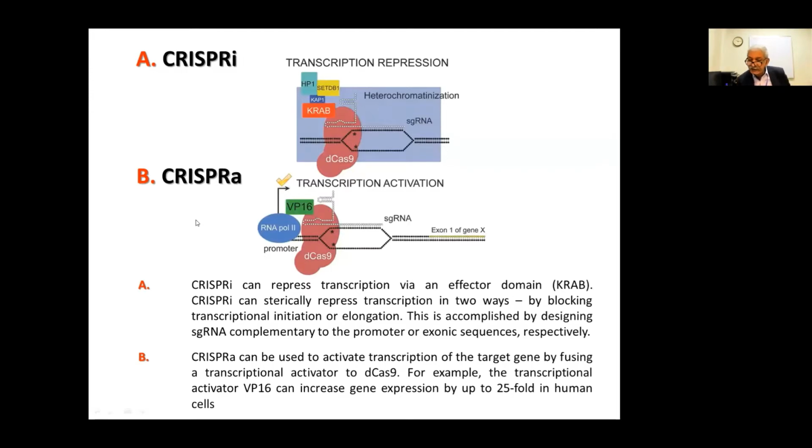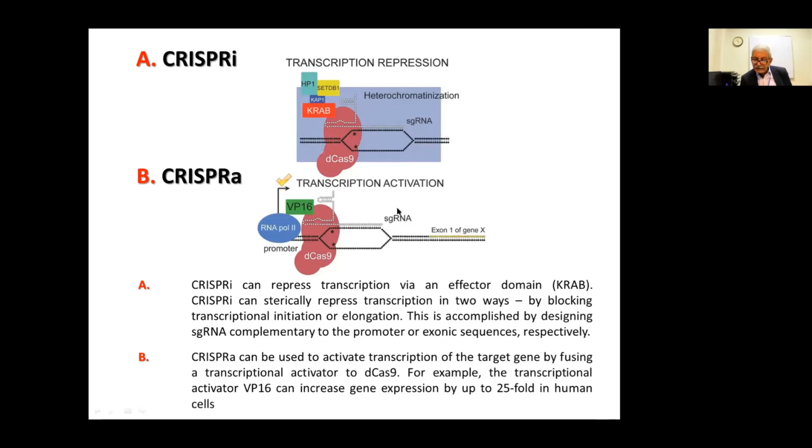application of the CRISPR-Cas9 system is the activation of gene expression. This CRISPR-A system is actually the further activation of the expression. This activation results in the expression of a gene at a very high rate. So what you do is you fuse a transcriptional activator like VP16 to the defective Cas9, okay?